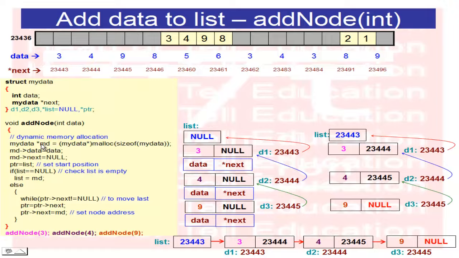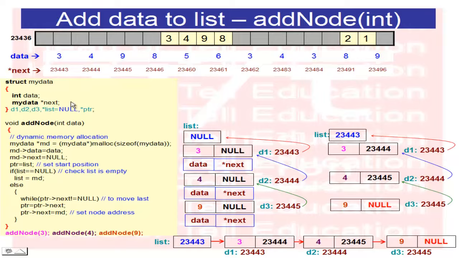Now after that, because I am passing 3, 3 is assigned to my data, and the next pointer, because by default a garbage value is available, I have assigned the null value. Okay, because the first time I have created only one. Now the ptr pointer I have created and assigned the list.